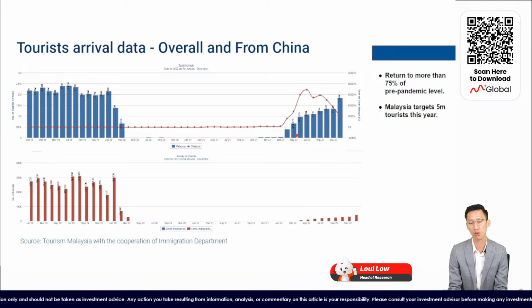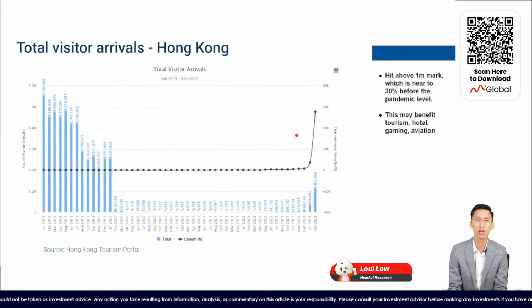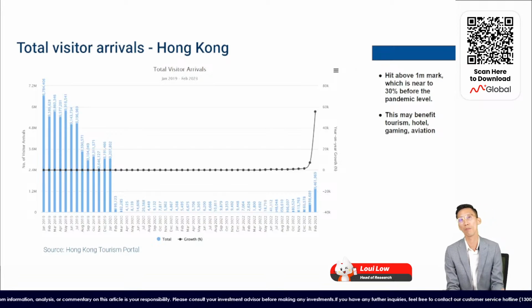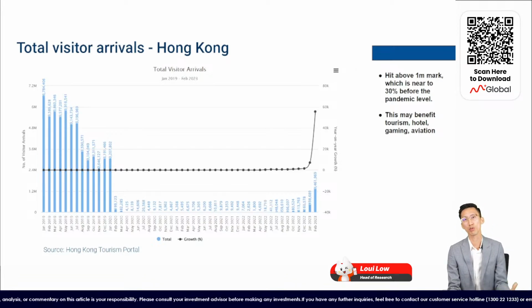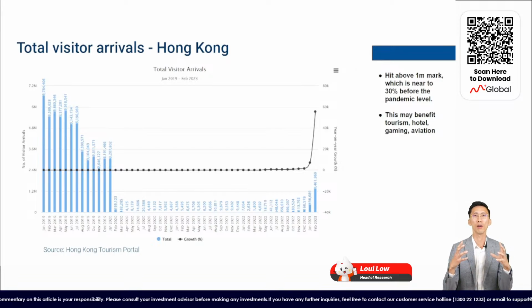So if you can take this opportunity to look at the Hong Kong tourism, gaming or aviation stocks on the Hong Kong Stock Exchange, then perhaps you can use our model in Malaysia to chart the potential opportunities in Hong Kong.